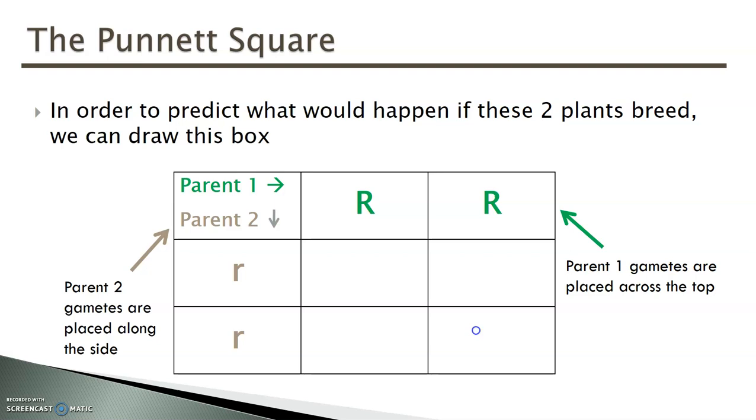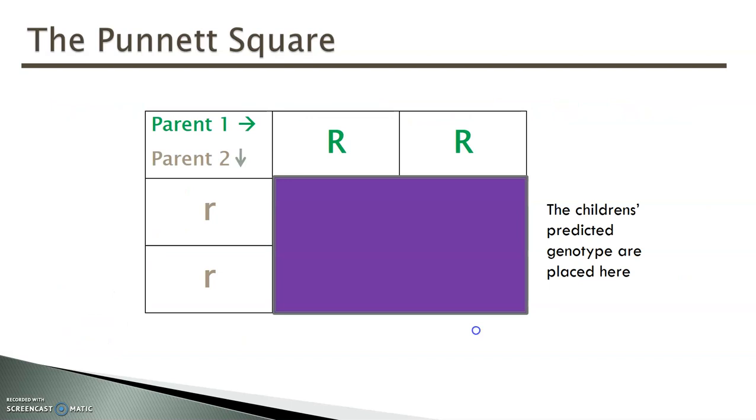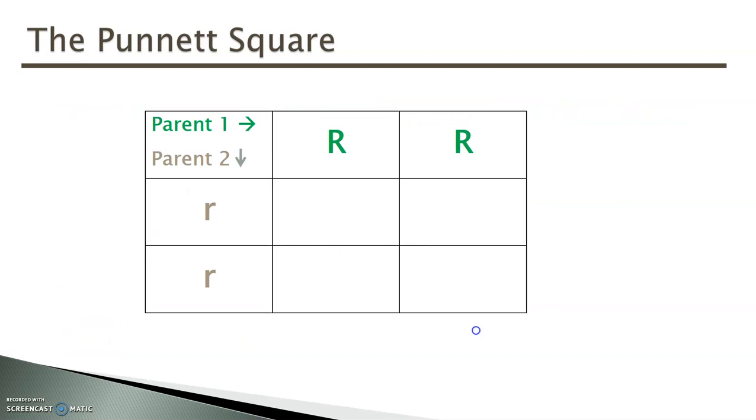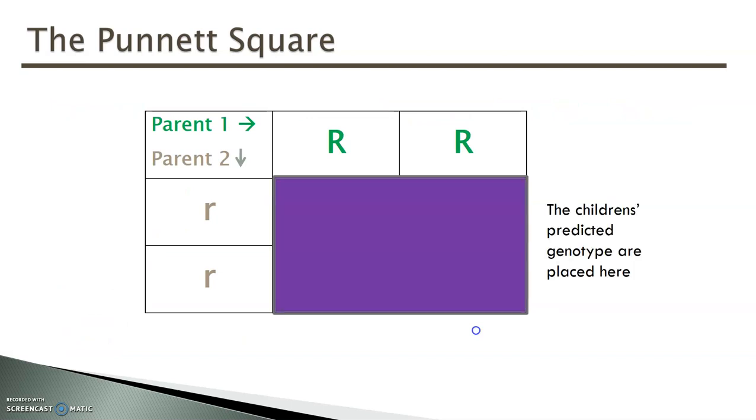When we're only looking at one character, we do not need more than one letter in these top 2 boxes. But remember, every baby is going to need 2 genes. So we're going to put these together. So in these 4 little boxes here, each one of these is going to represent one child. And again, this is a hypothesis. This is not always going to happen, but it gives us a good hypothesis.